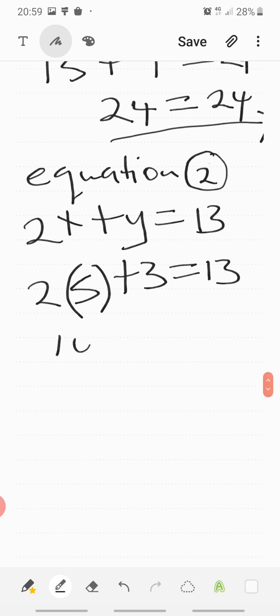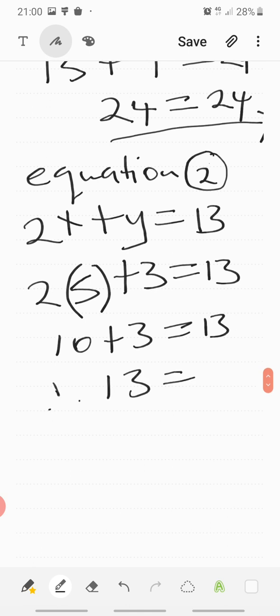Therefore 10 plus 3 is equal to 13. Therefore 13 is equal to 13. So now we've proven our answers to be right, which means our values of x and y are right.